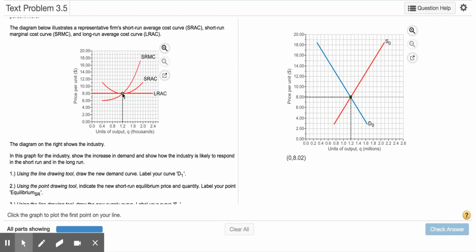In this case, the level of output for the entire industry is 1.2, and the price is $8, which is the market equilibrium price. We know from the perfectly competitive model that any positive profit is not sustainable in the long run because of competition.